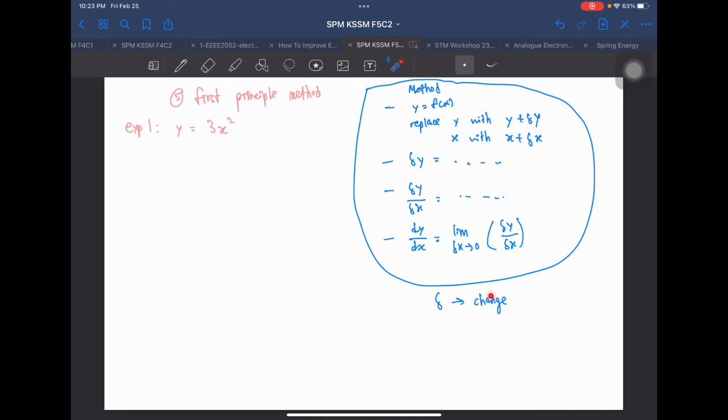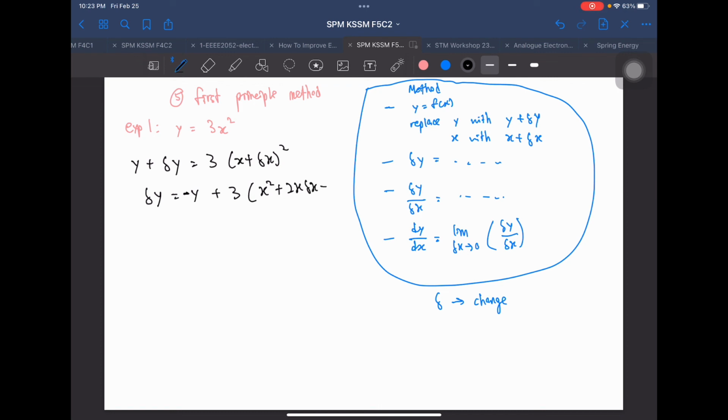So let's see the first example. What is the first step? You replace y with y plus delta y, and x with x plus delta x. Move everything to the right hand side, expand it, you got this. Oh, this is negative, sorry, a mistake here.